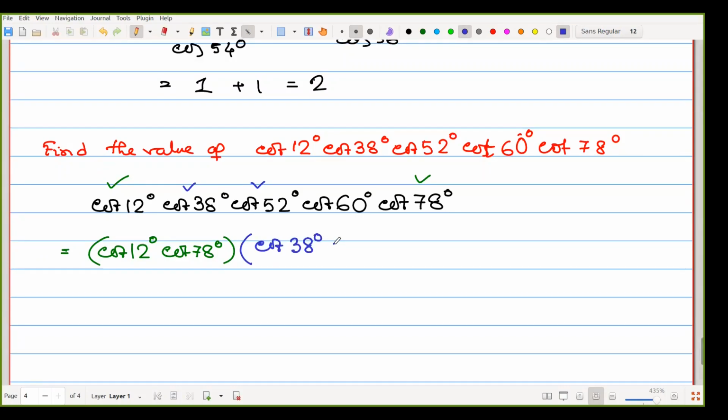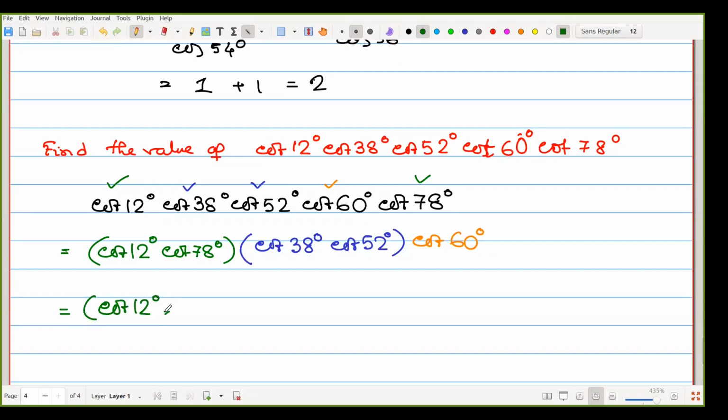And finally, the last one, cot 60 degree here.